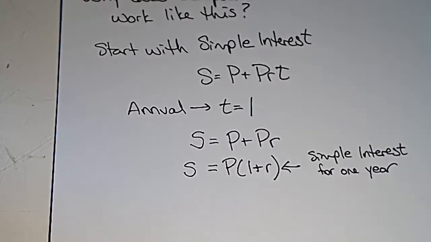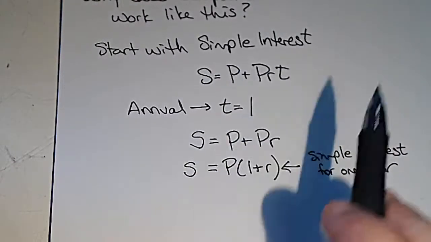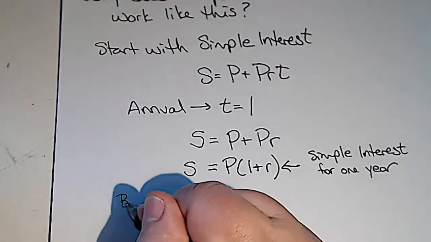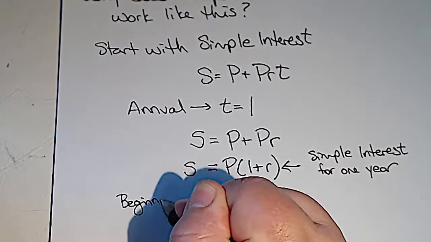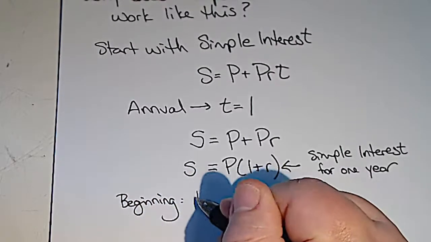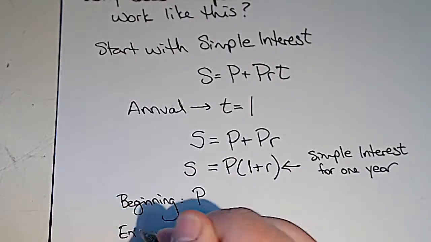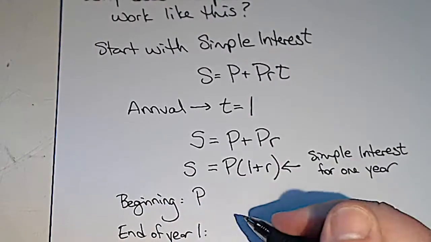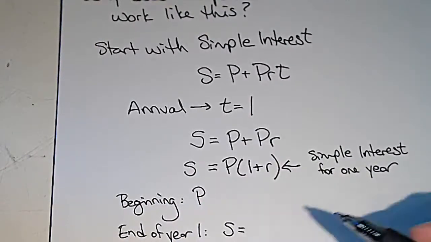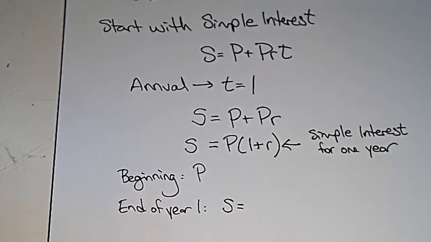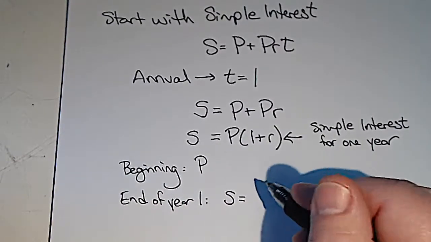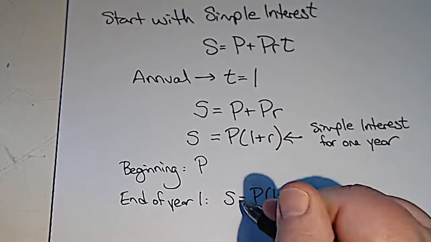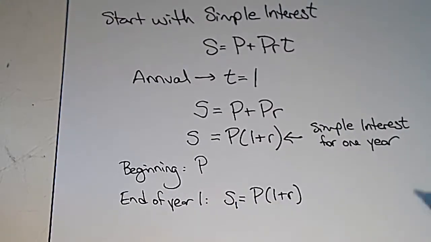It's exactly the same formula, except T equals 1, and I factored out a P. So at the beginning of the year, I have P. At the end of year 1, my future value, so that just means the value at the end of that year, is equal to P times 1 plus R.